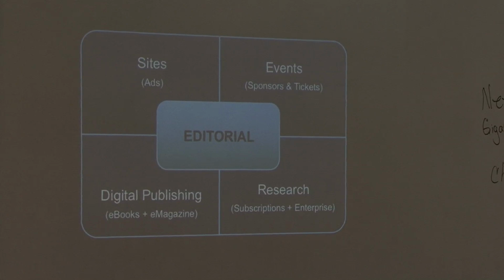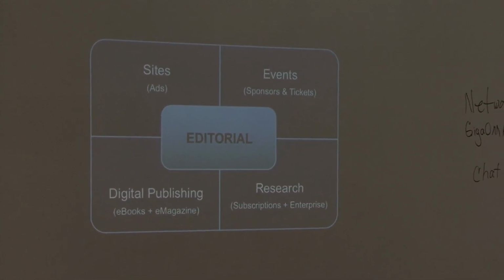So whatever we do, we never sacrifice that editorial integrity at all, not even to please a customer. We always are unbiased, and there's a big Chinese wall, and that's at the center. And that's at the center because, like I told you in our presentation, we generate over 5.5 million uniques a month.